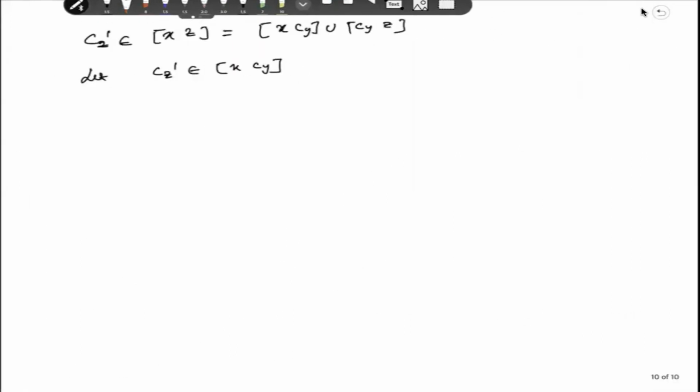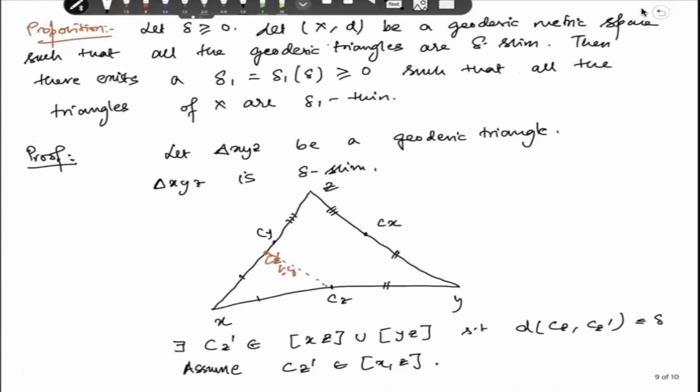Now the distance between CZ prime and CY is equal to the distance between X and CY minus the distance between X and CZ prime.